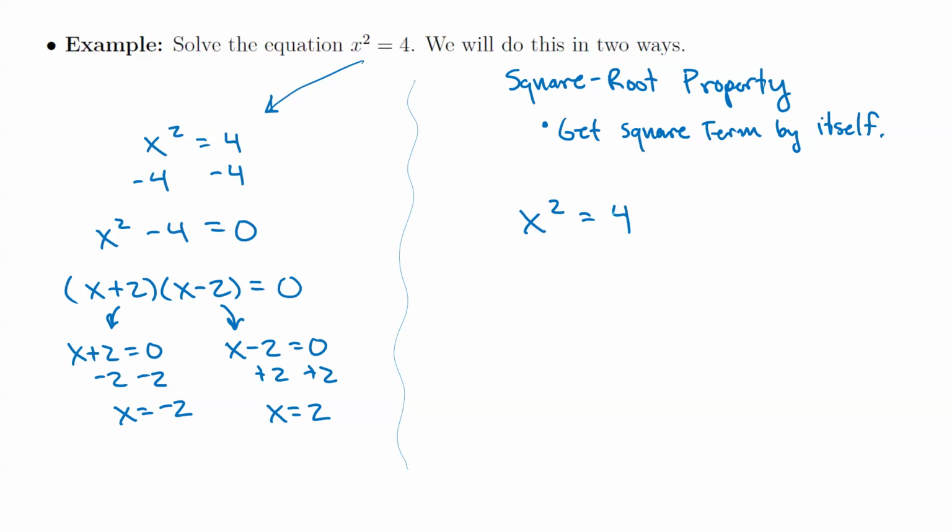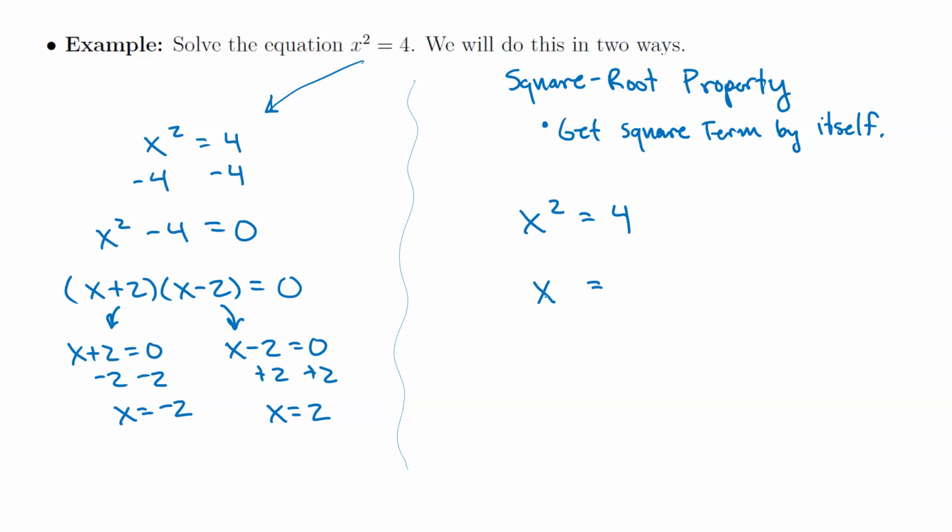So if x squared is equal to 4, I'm going to go ahead and take the square root. And if I take the square root of x squared, I get x, sort of. The truth is, if I take the square root of x squared, I actually get the absolute value of x. But we're not going to actually use the absolute value symbols here. Here's what we're going to do instead.